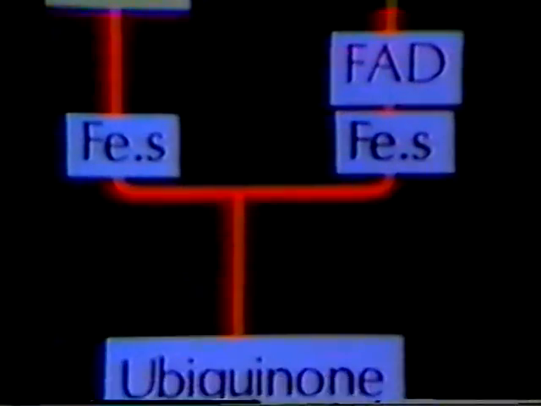Now the two branches of the chain merge. They both donate electrons to a lipid-soluble quinone called ubiquinone. This quinone is reduced to the hydroquinone.